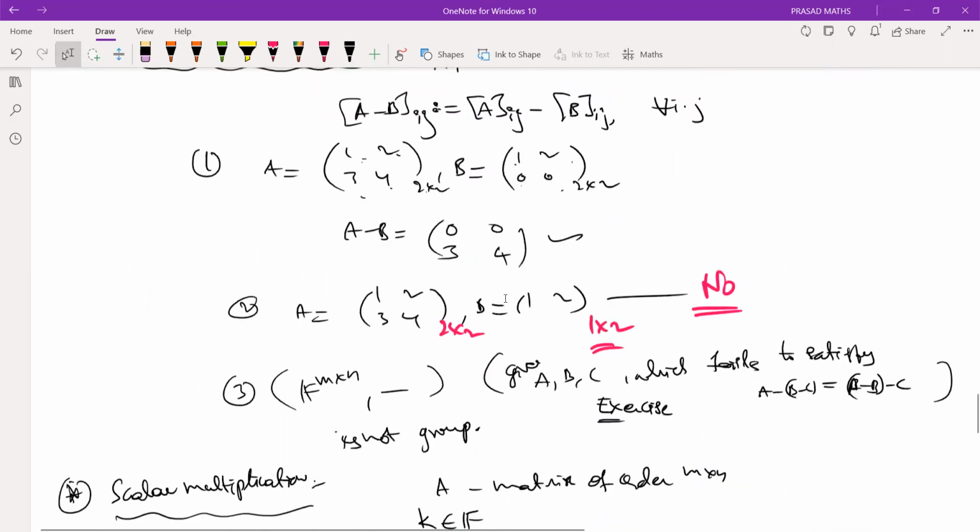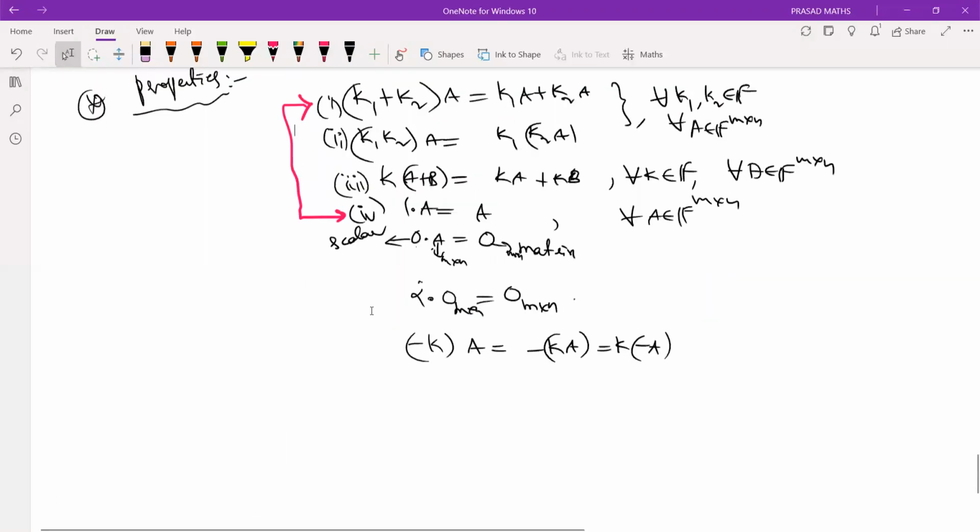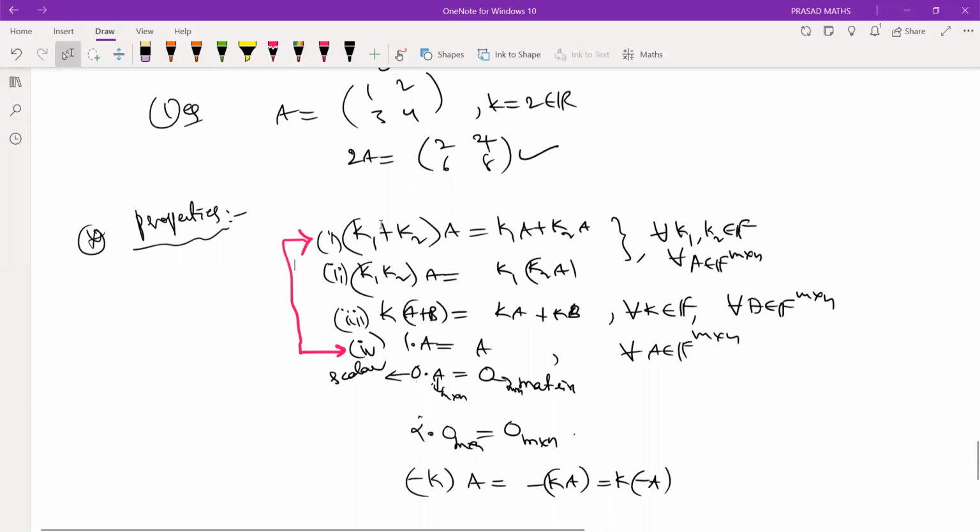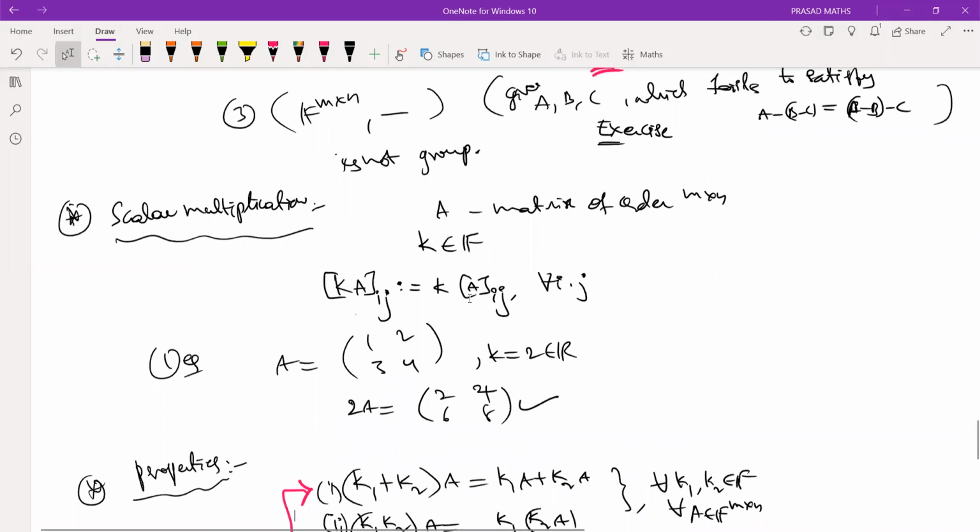In addition to that, scalar multiplication also holds. When you take any scalar and any m by n matrix, you automatically get an m by n matrix. So the scalar multiplication is again an m by n matrix, and it satisfies the scalar multiplication property.